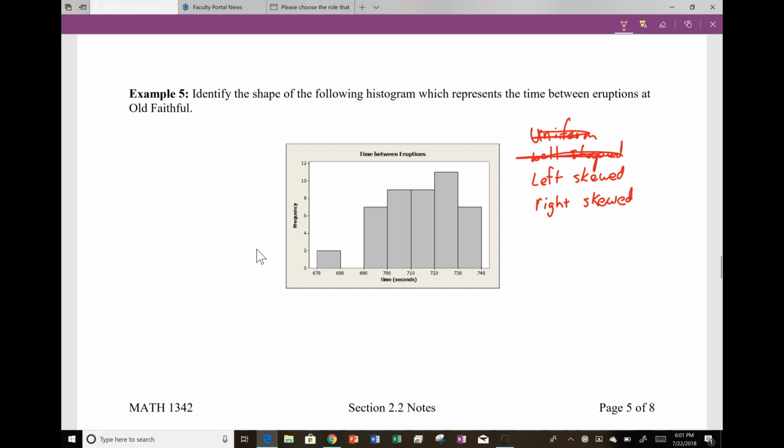If we look at this, we'll notice that we have a high peak here on the right side and lower parts on the left side. Lower parts is where our skew is, so this is going to be skewed to the left. So you're always looking at where those lower values are.